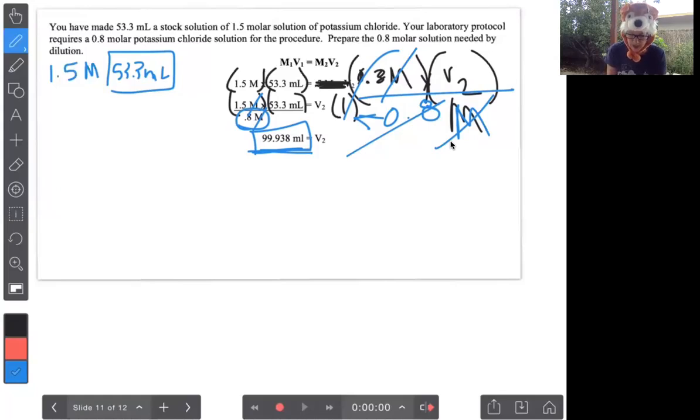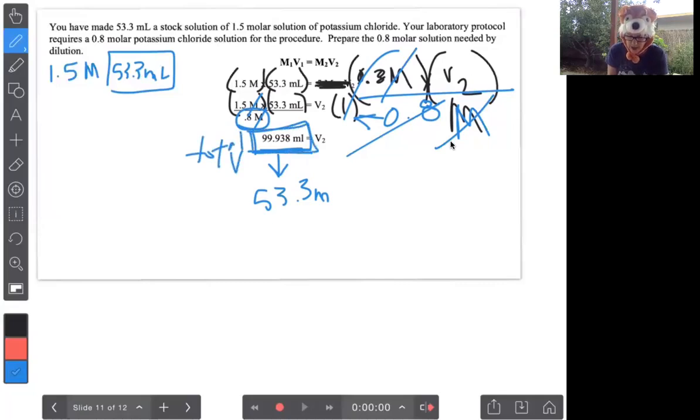So then we put that much into our 53.3 mils. Is that true? No. We want this to be our total volume.